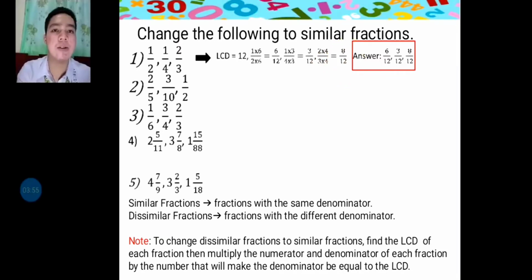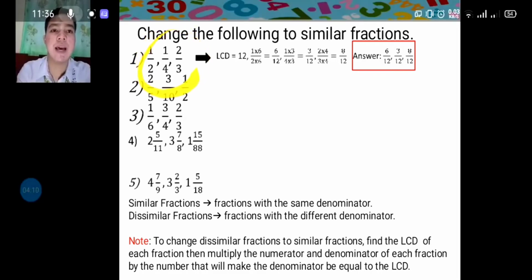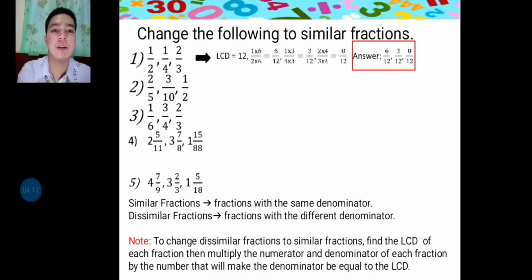So our answer will be 6 over 12, 3 over 12, and 8 over 12. Now we have similar fractions. How about number 2, 3, and 4, as well as number 5?